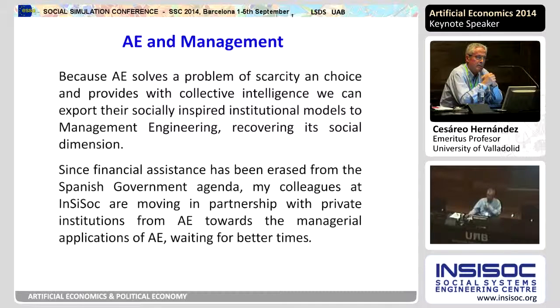But in our case, in our institute, since financial assistance has been erased from the Spanish government agenda, some of my colleagues are moving in partnership with private institutions from artificial economics towards managerial applications of artificial economics, waiting for better times. There are some exceptions, like the brothers Izquierdo, who keep on working in theoretical economics.